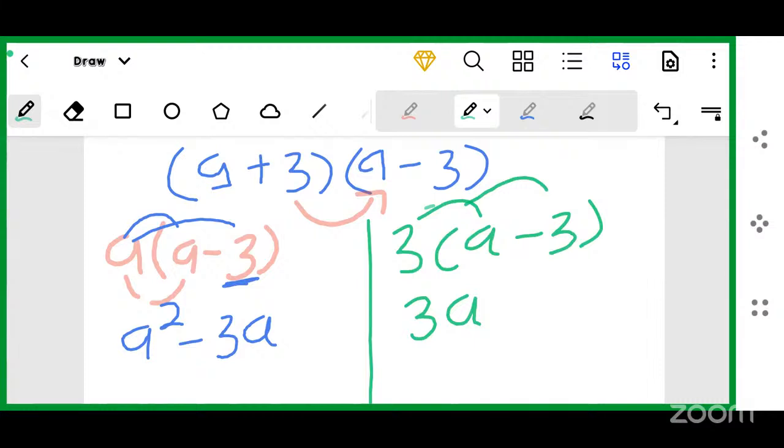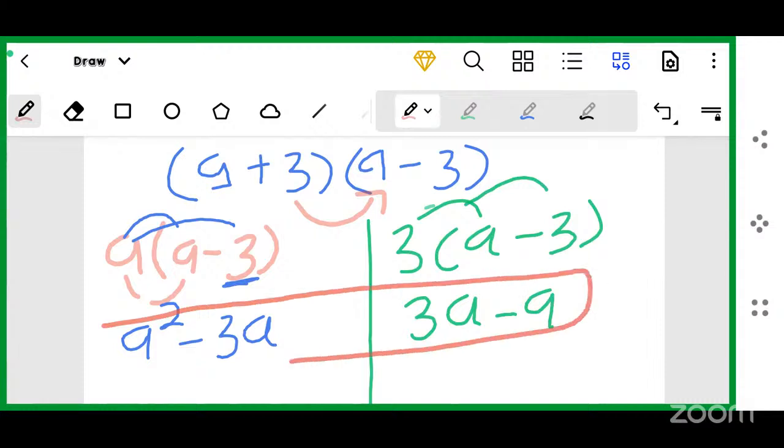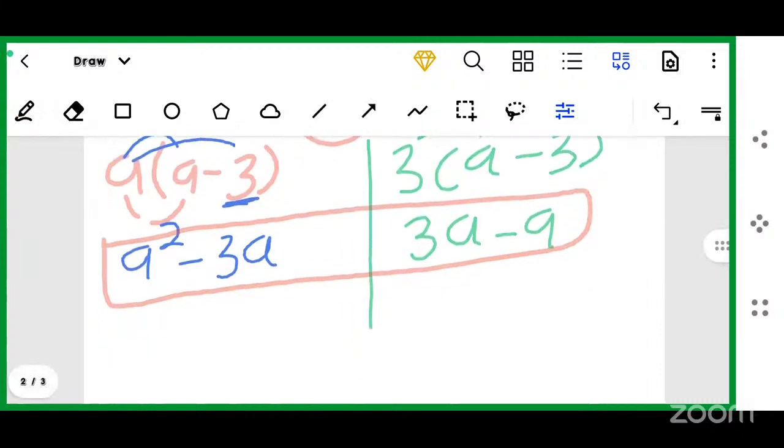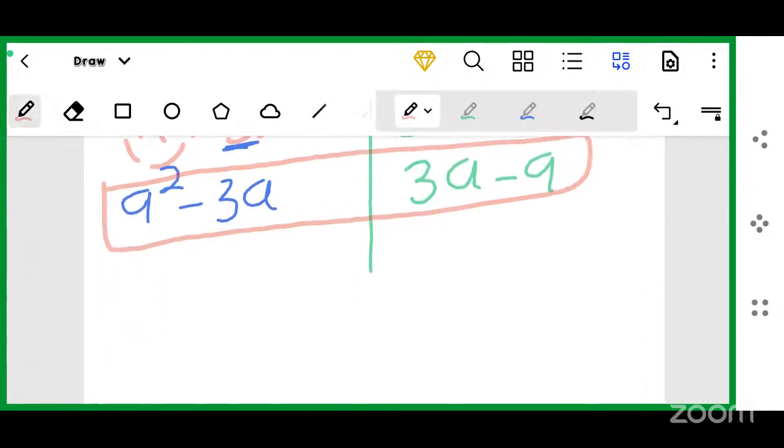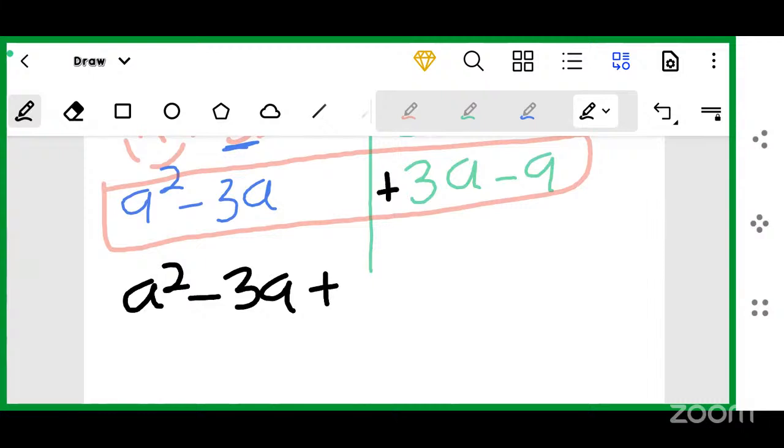Negative 9. So what's left to do there is we add this as one expression. So let me just pull this down and we write them as a squared minus 3a. This was a plus, so we write our plus 3a minus 9.